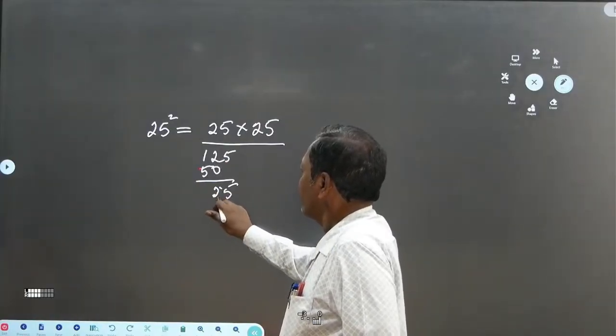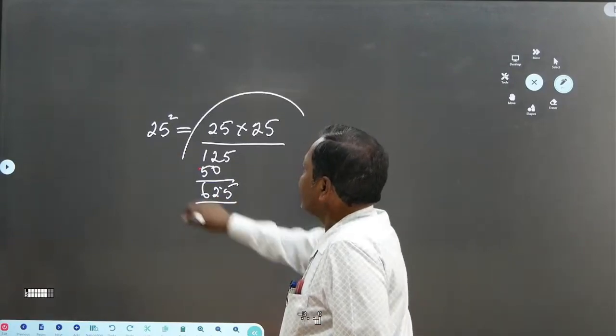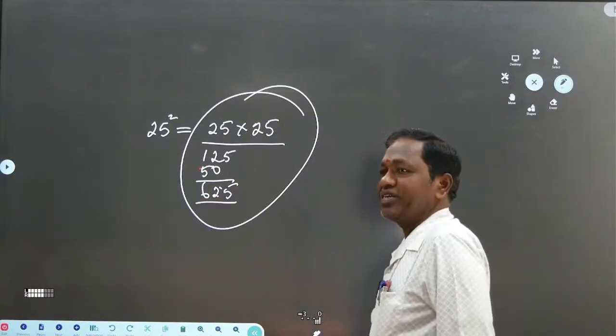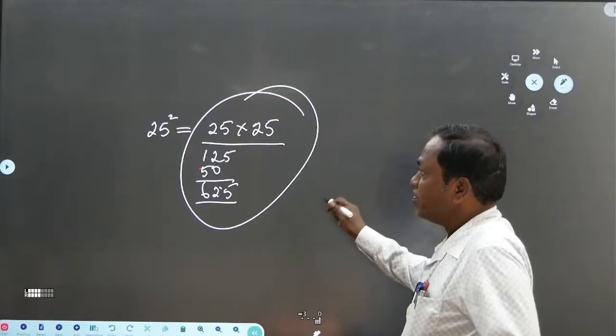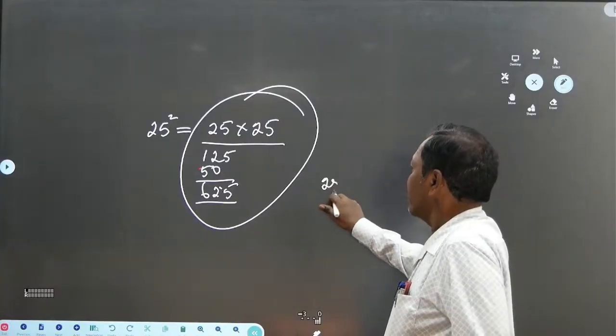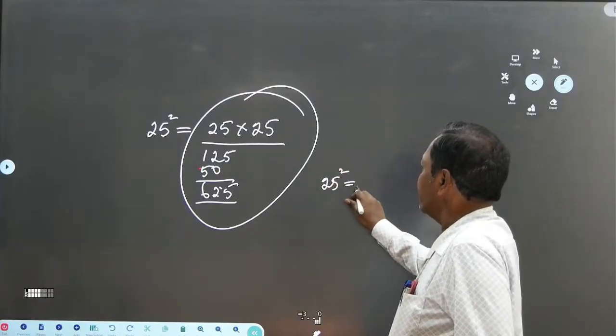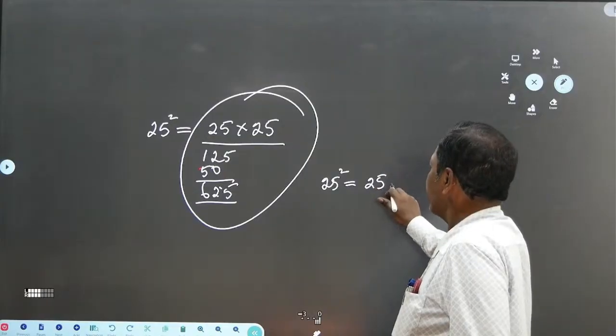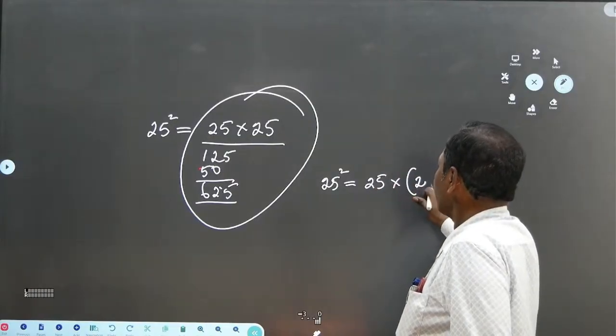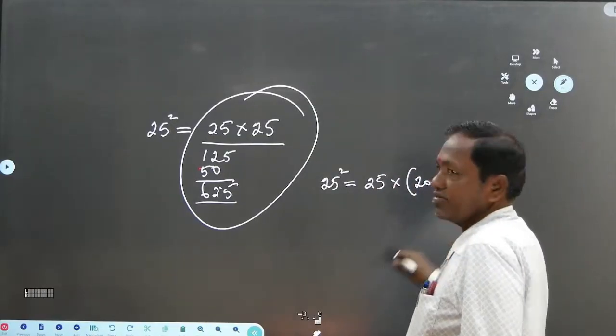52 is 625. This takes unnecessary space. Fine. Arithmetic method: how can you do 25 square? 25 into 20 plus 5.